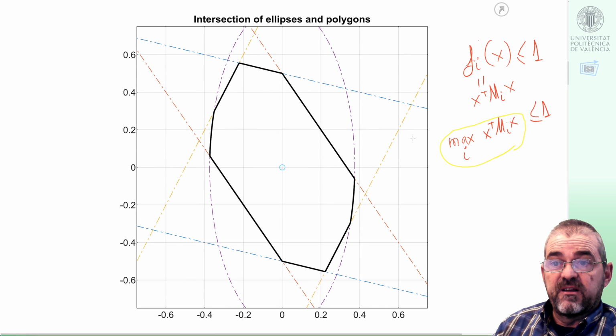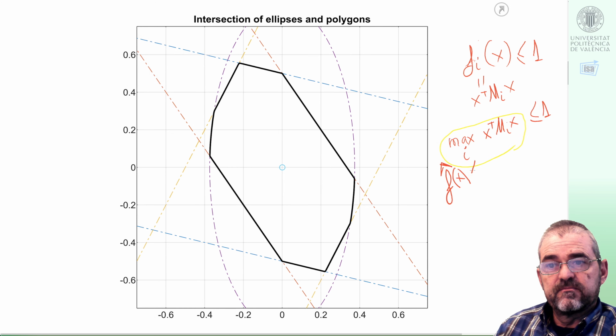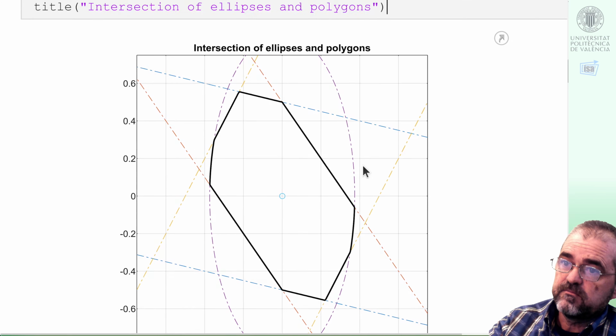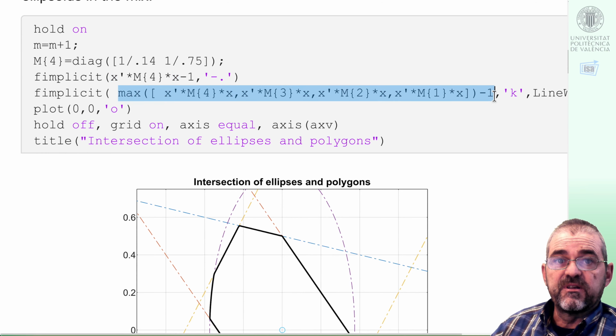So defining a function of x being this maximum and plotting its boundary will define the black boundary, and that is what I did in MATLAB with the line of code I am putting here.